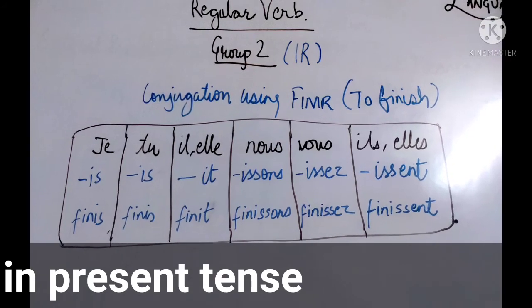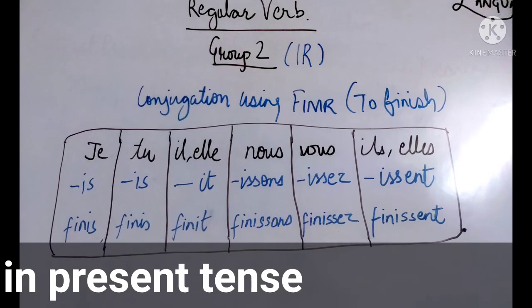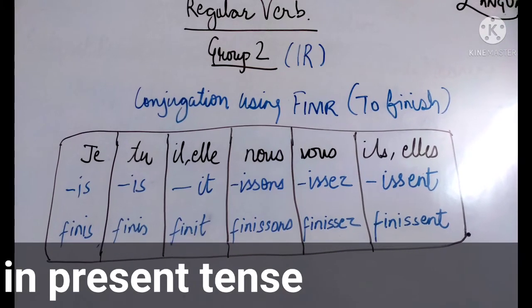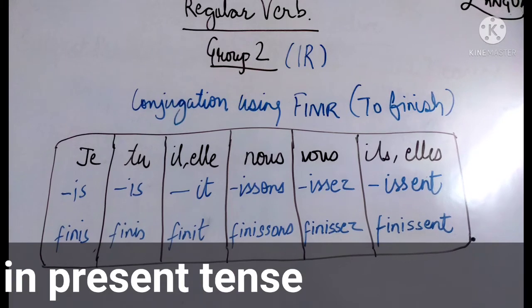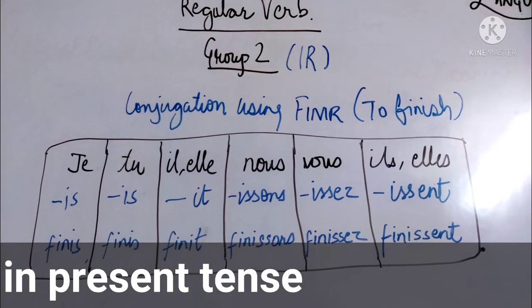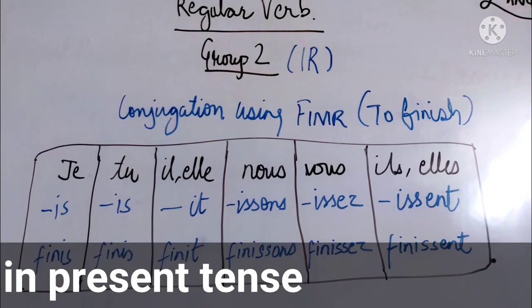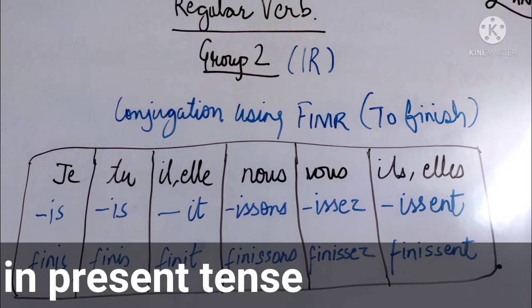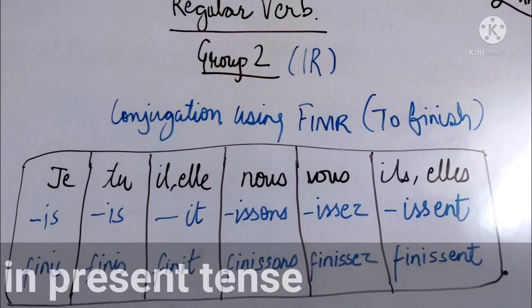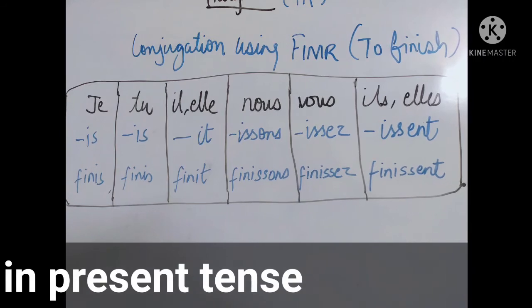And then what is left now? The stem, or you can say the root, is left, which is fin, FIN. Now, similarly to what we did in the parler case, on the top layer you can see the subject pronouns, and below them the conjugation for this verb in the present tense.